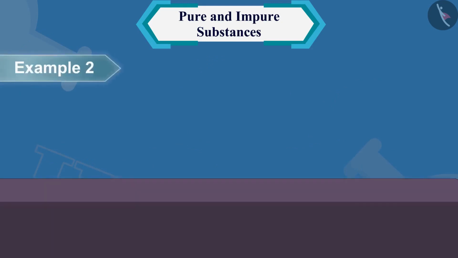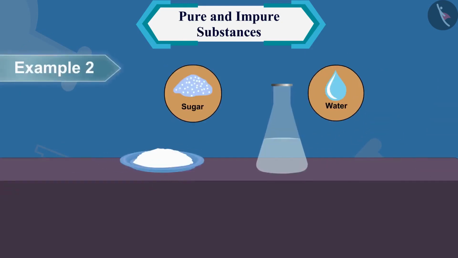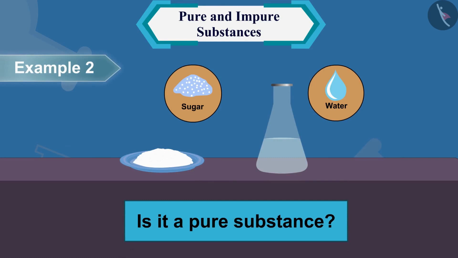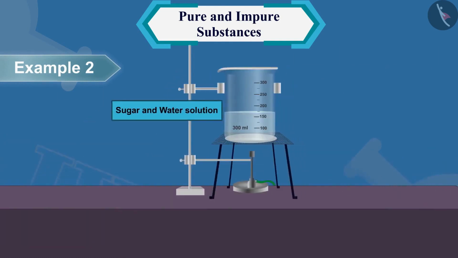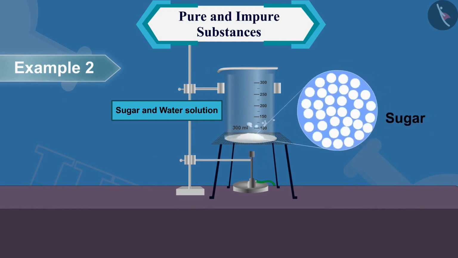Let us now look at the sugar and water solution. Is it a pure substance? Let us find the answer to this question by an activity. In a beaker, take this sugar and water solution and then heat it with the help of a burner. What do you see? Alright, the sugar that was dissolved in water is separated from the water due to evaporation.